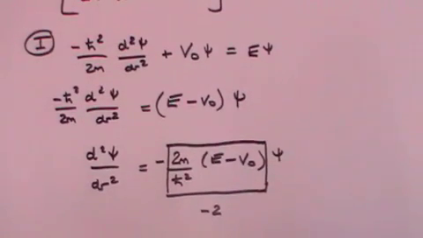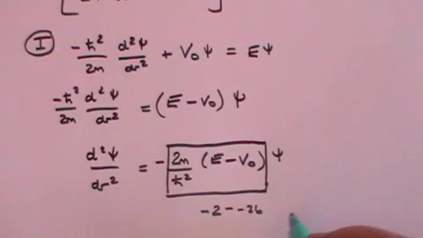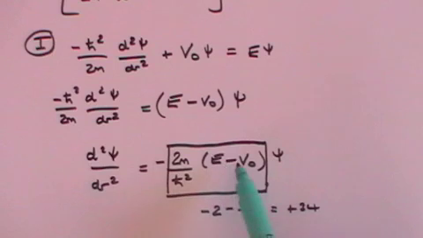I'll prove that a bit later on. So it's minus 2 plus 36, which is plus 34. So this term is positive always because V naught is in magnitude greater than E, but they're both negative terms.